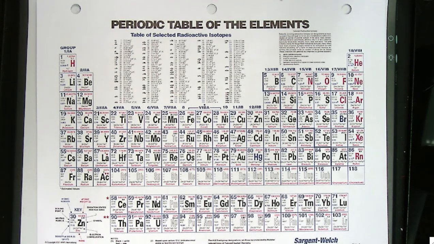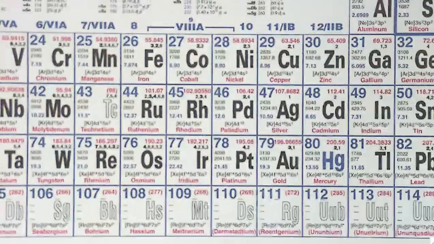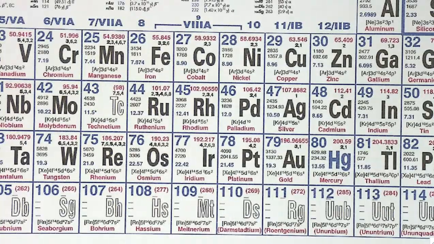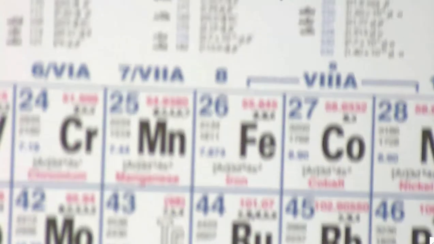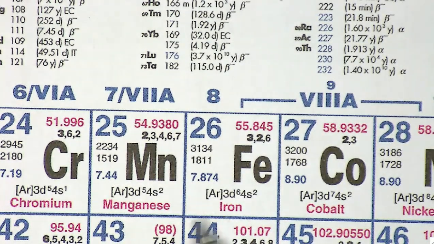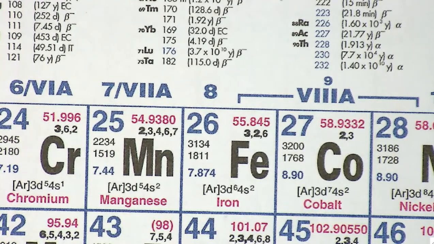Knowing abbreviations for elements can help too, but this periodic table, I'm going to zoom in here. Like Fe, you wouldn't necessarily think of Fe as being iron, but that is the abbreviation for iron. But this periodic table has the name written underneath it, which not all periodic tables do. So we wanted you to have that.